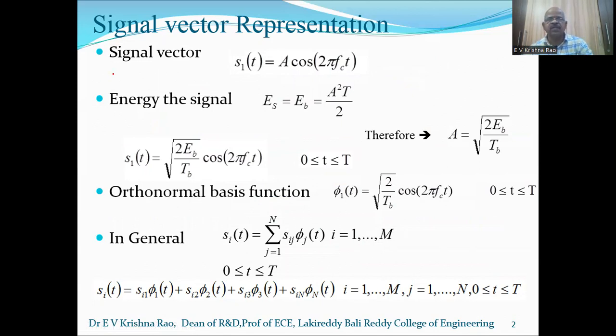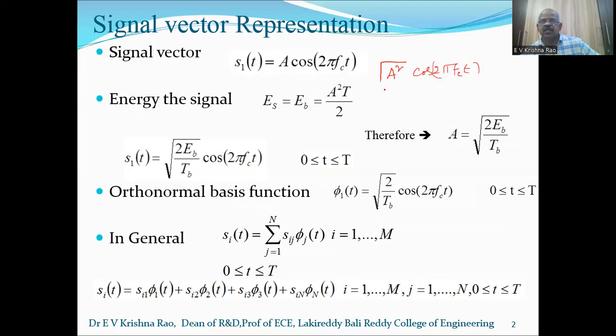Any signal vector representation, first of all, S1 of t, the signal vector, is A cos 2 pi fct with a carrier frequency of fc. Then we can write it as root of A square cos 2 pi fct.